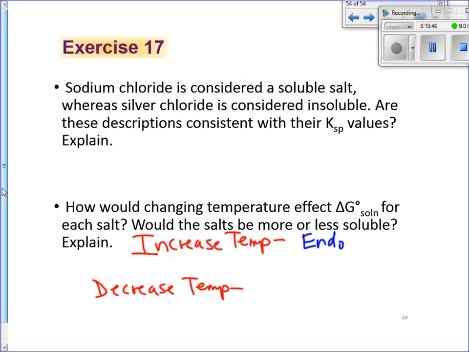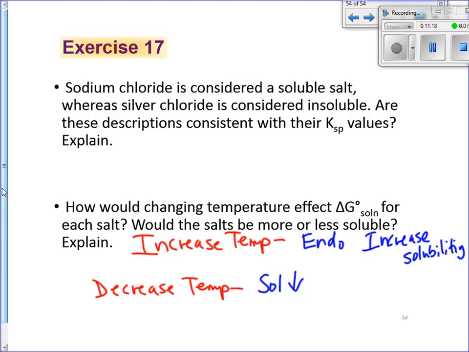And if you increase the temperature, this would increase your solubility. And so then solubility would decrease if you decrease the temperature, because since it's endothermic, it would favor it breaking apart into its particles.